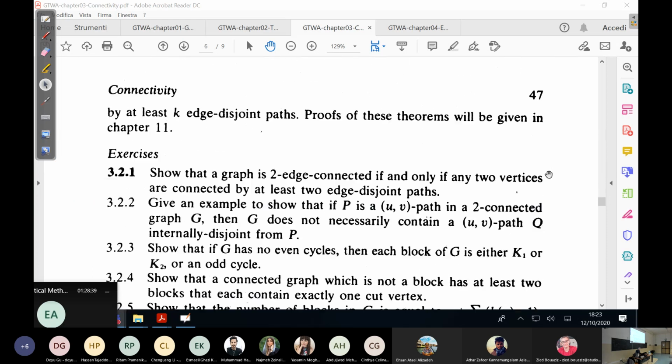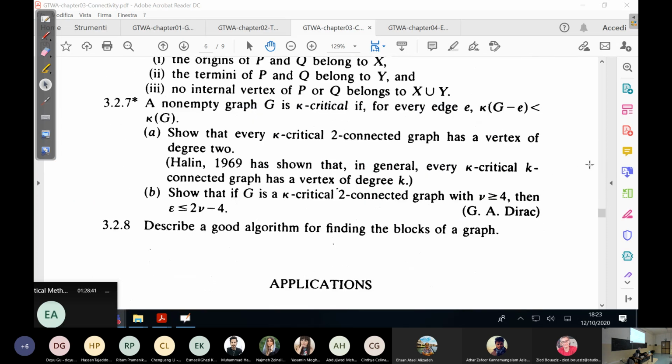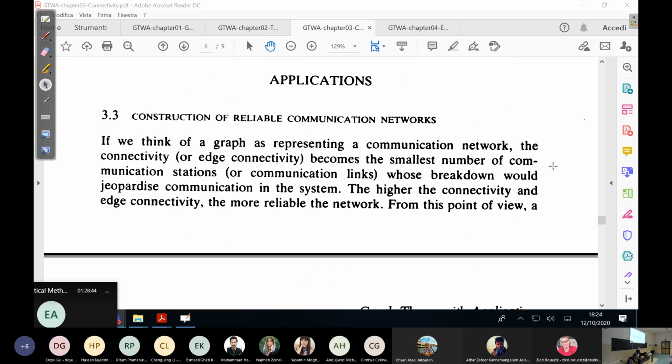I do not want you to think about that anymore. Apart from the fact that you have applications like the one I mentioned at the very beginning of this chapter, construction of reliable communication networks means be careful not to have cut vertices. Italy has not really a cut vertex, but almost, which is exactly Bologna.